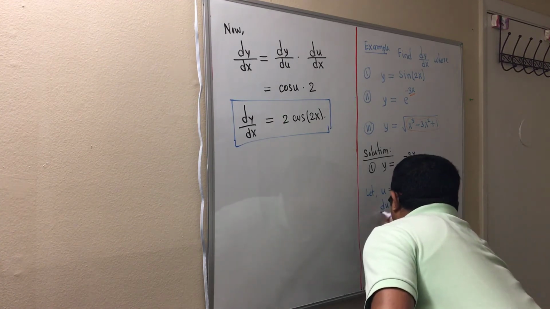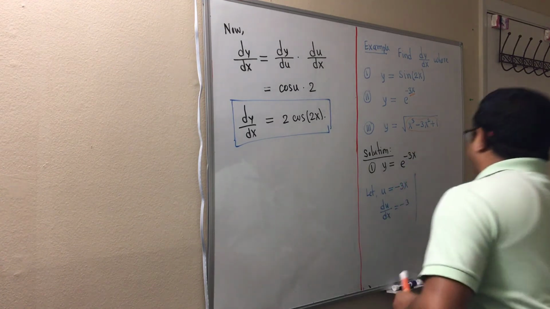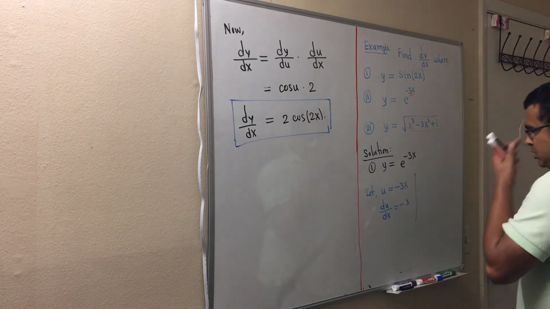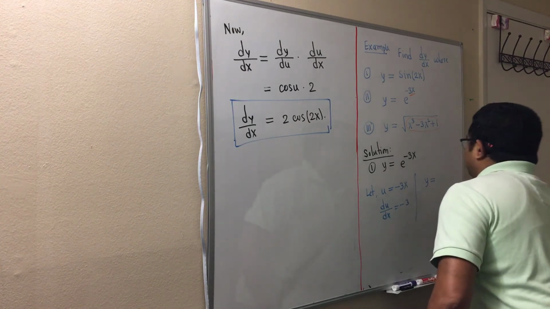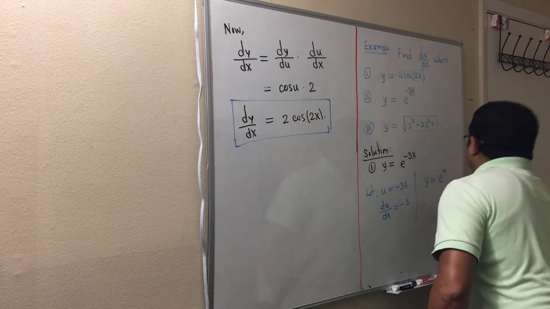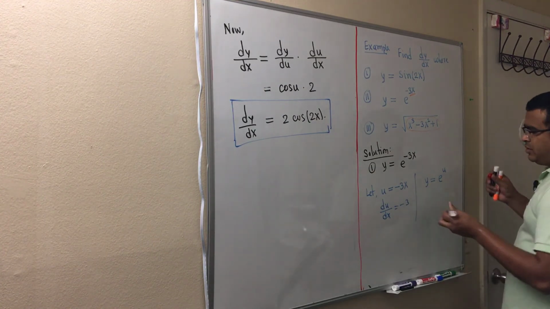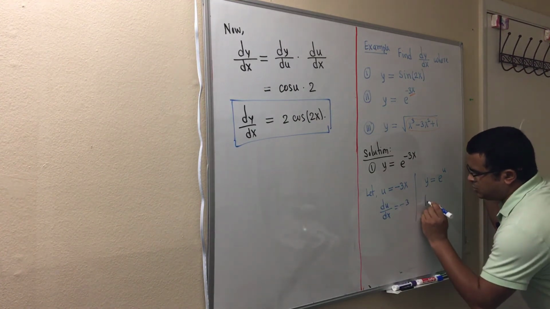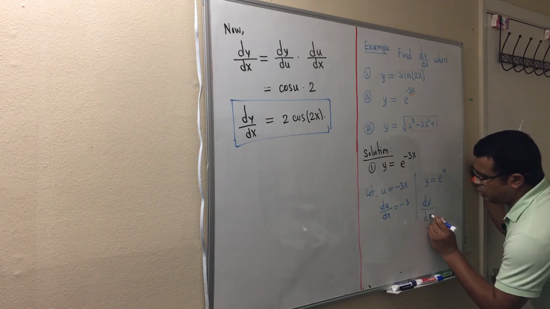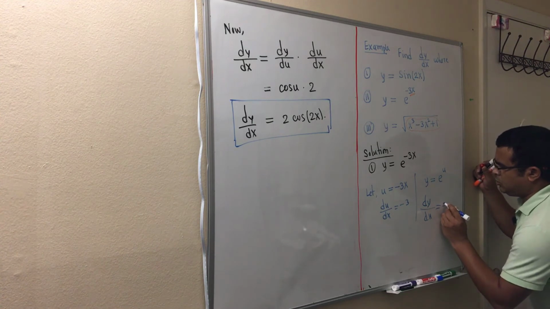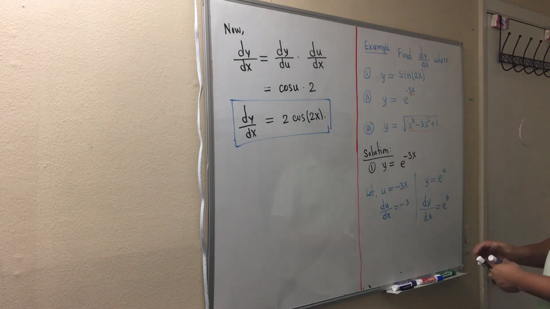So, du over dx would be negative 3, and if u is negative 3x, then y becomes e to the power u. So, dy over du would be e to the power u.